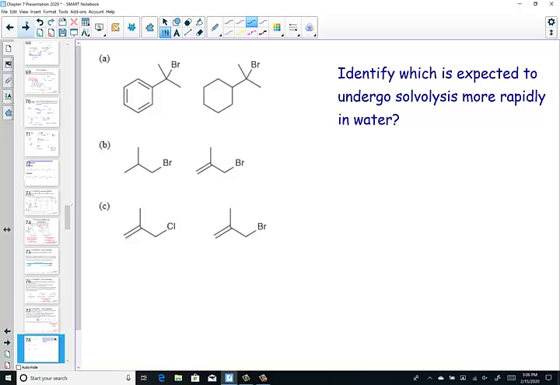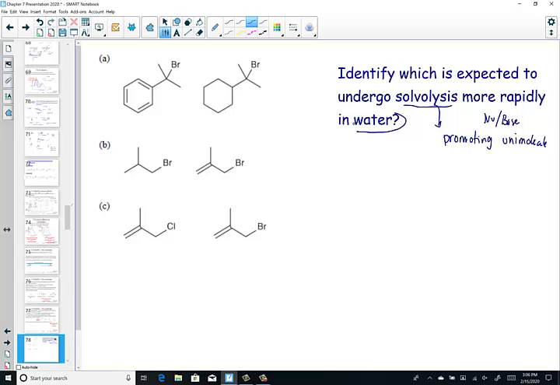Identify which is expected to undergo solvolysis more rapidly. So I want you to think about this term, solvolysis. What you're saying is that you're promoting a unimolecular reaction where the nucleophile or the base, depending on if you're substituting or eliminating, acts as the actual nucleophile or the base. The solvolysis means the nucleophile is the solvent or the base is the solvent.